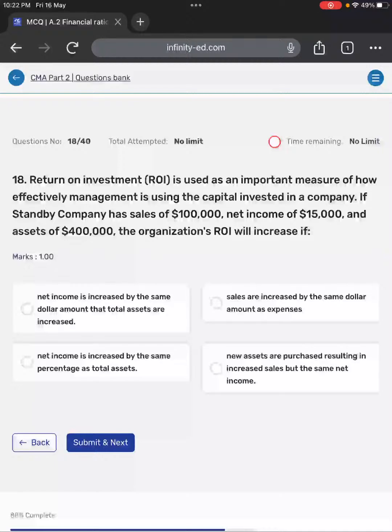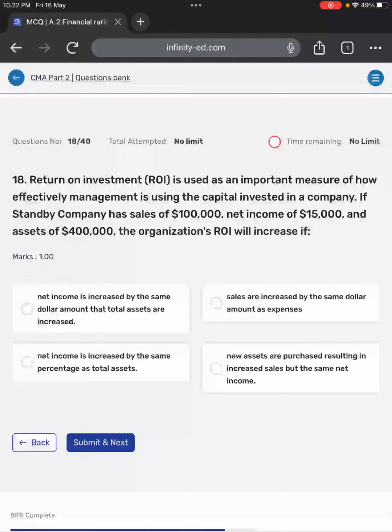So return on investment remains unchanged at 3.75%. This is not a correct answer.